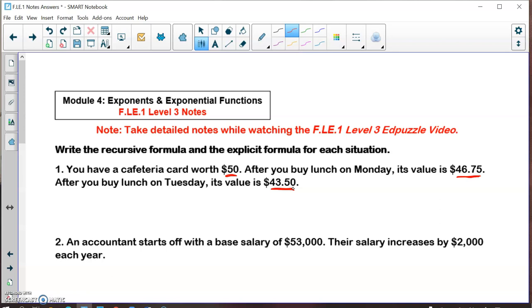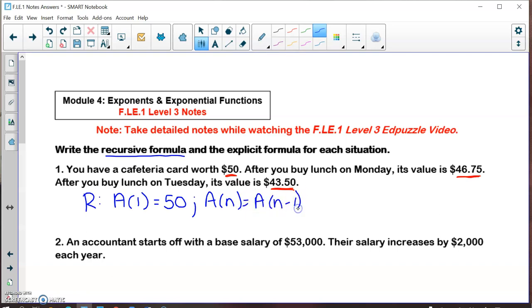So your lunch costs $3.25. So this would be an arithmetic sequence. So if we're going to write the recursive formula, and I'm going to label R for recursive, it would be in the form of A of 1 is equal to 50, because that's your starting value; A of n is equal to A of n minus 1 minus $3.25.